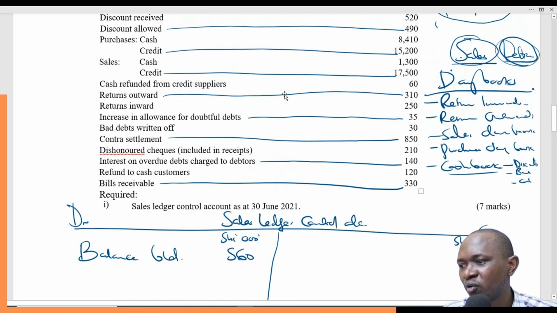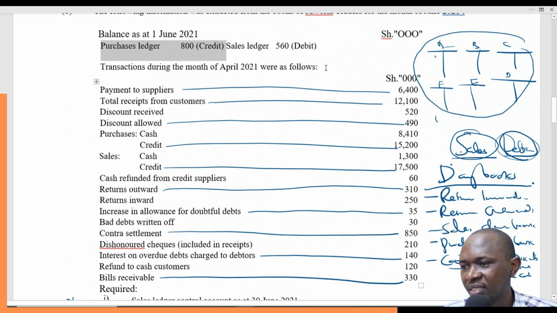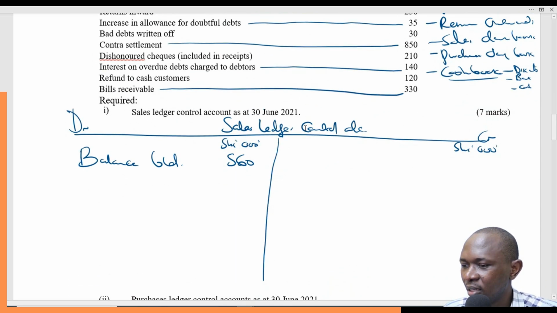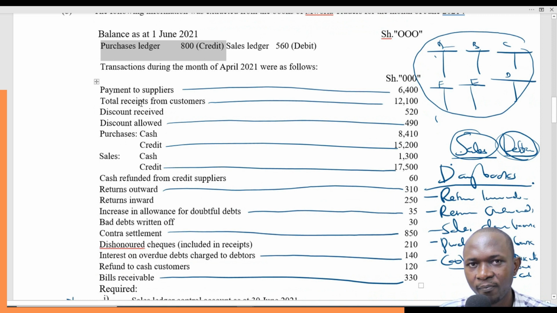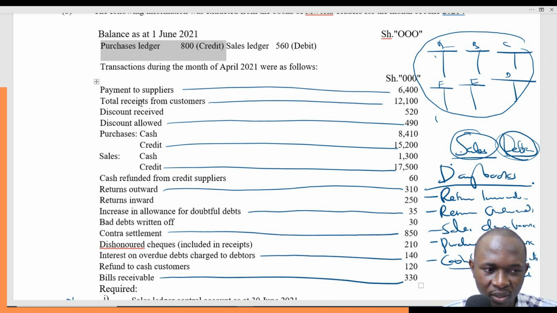If they had told us that the debit balance is 560 and the credit balance in sales ledger is say 200, then we would have come here and said again balance brought down 200, like that. So balance brought down is 560, and anything that increases the debtors will appear on the debit side, and anything that reduces the debtors will appear on the credit side.